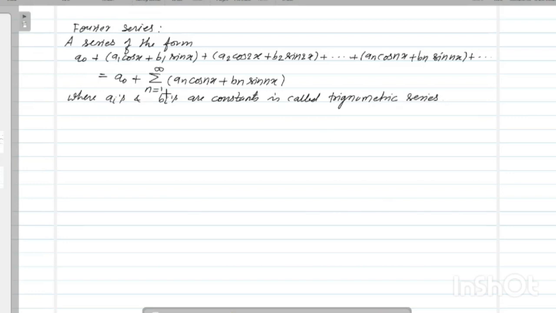Why is this so? Because the series contains trigonometric functions, so that's why this series is known as a trigonometric series.